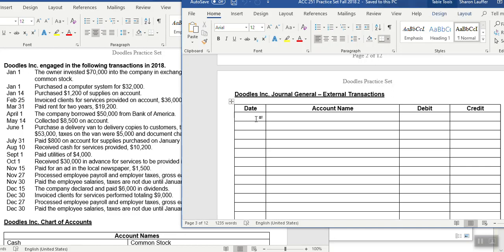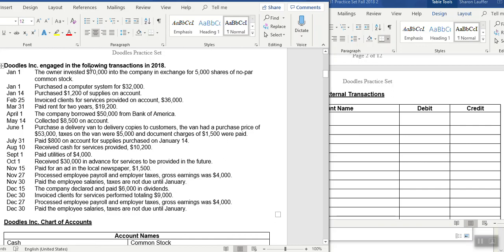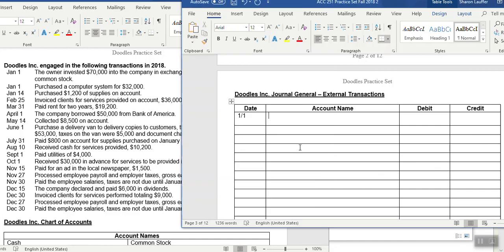So we've got January the 1st, and I would put a date just so you can keep track of what you've done. The owner invested $70,000 in the company in exchange for 5,000 shares of no par common stock. So the company received cash of $70,000.